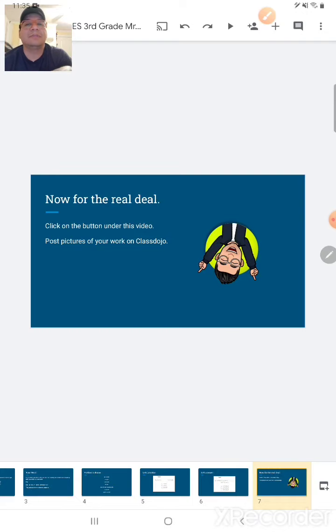Go back and reference the pages I have here to help you answer the questions. Don't forget to look down. See my little guy upside down pointing down, so don't forget to hit that button and answer the questions. Please take your time, show your work or thinking on a piece of paper, and send me messages through Class Dojo. I hope to hear from you.